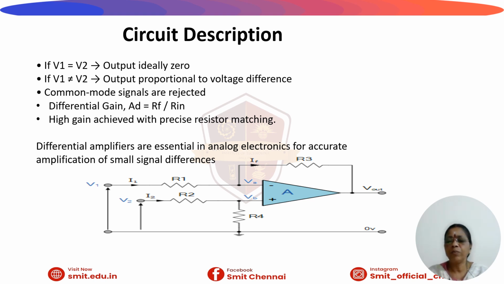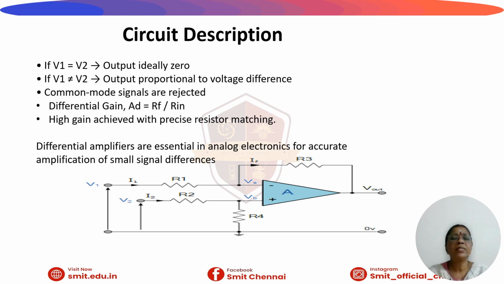The input V1 is connected through resistor R1 to the inverting terminal of the op-amp, and V2 is connected through resistor R2 to the non-inverting terminal. The feedback resistor RF connects the output back to the input. The grounded resistor R4 forms a voltage divider.